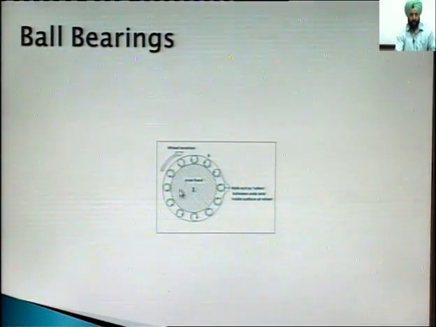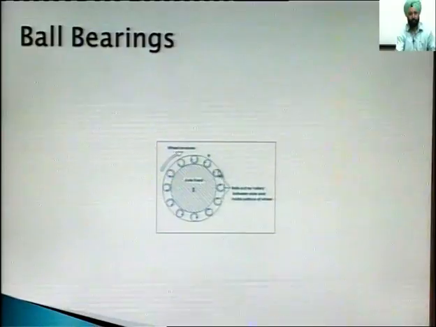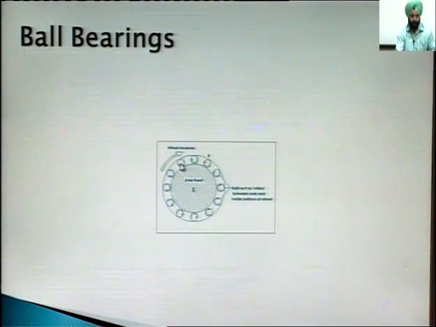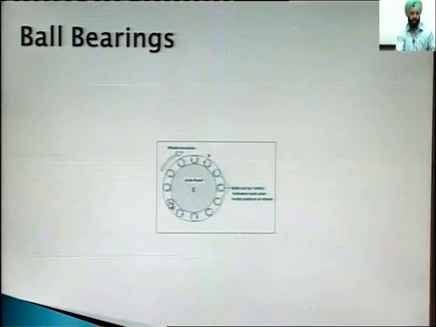Now, this is the axle and this is the wheel which has to move on the axle. If this comes directly in contact, there will be sliding, and in case of sliding, the friction will be more. But if we have these steel balls put in between the axle and the wheel, then there will be no sliding.